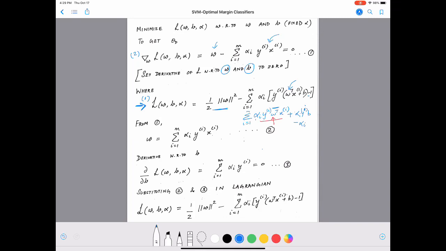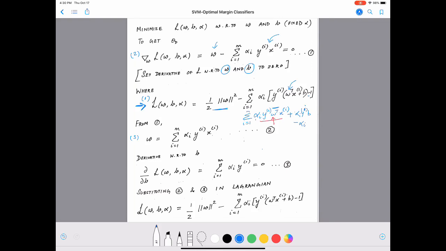Second term. Now we solve this equation. We differentiate, set it equal to 0, and solve for W. Then we get W is equal to sigma i equal to 1 to m alpha i, yi, xi, right?